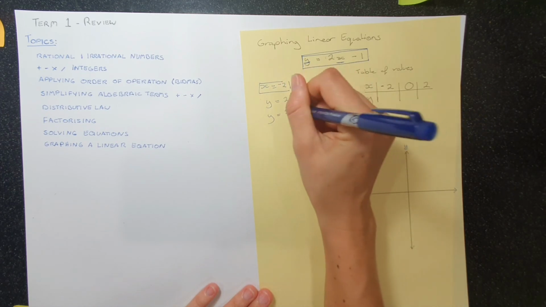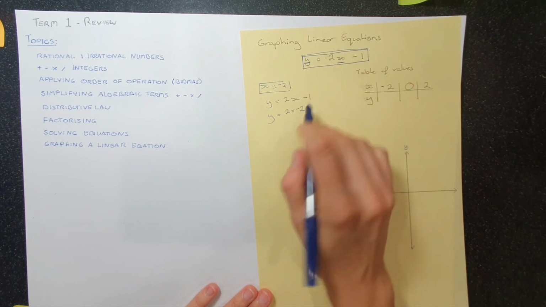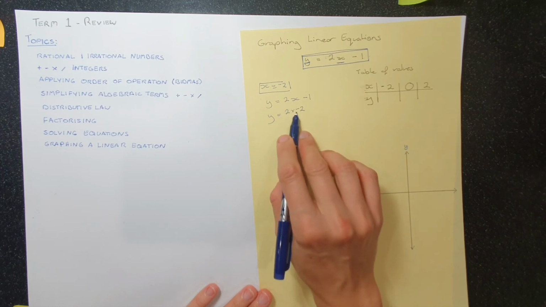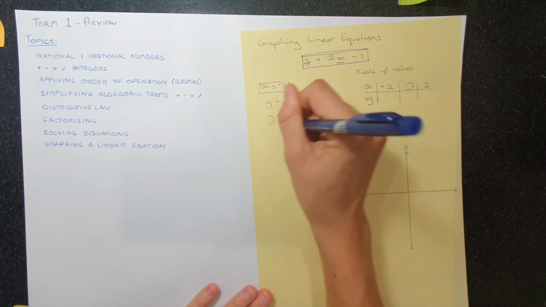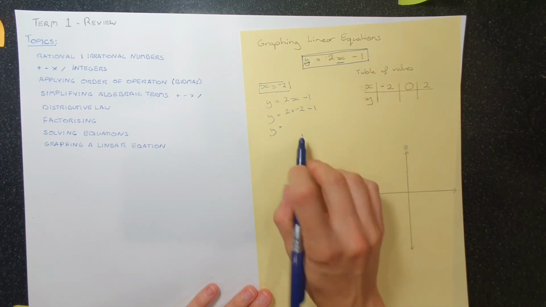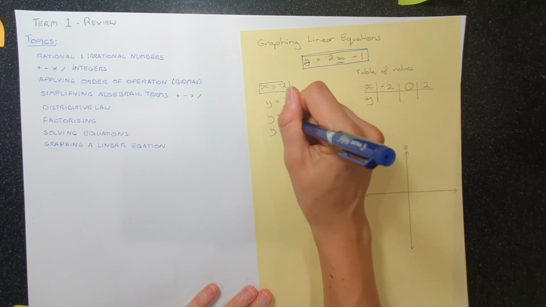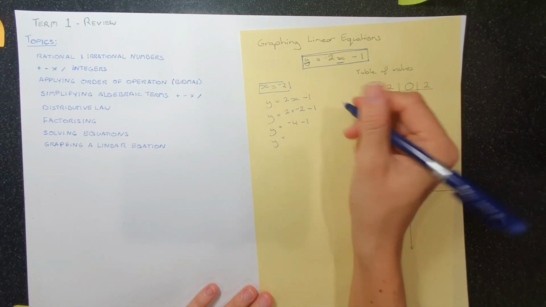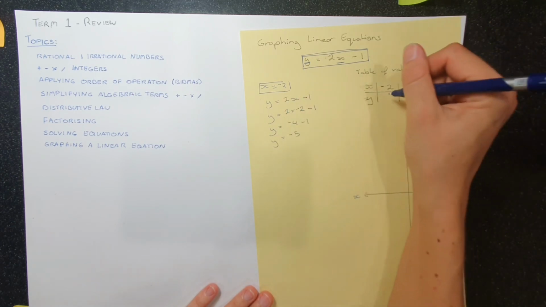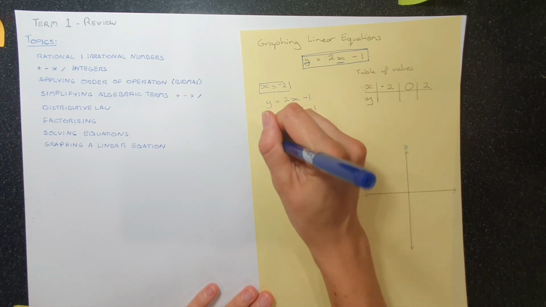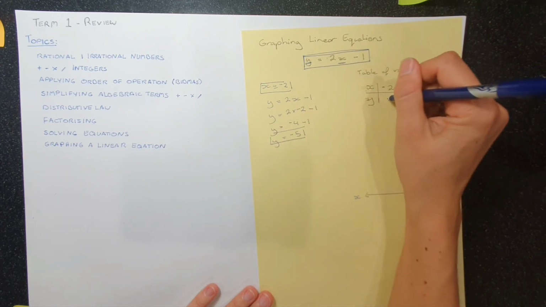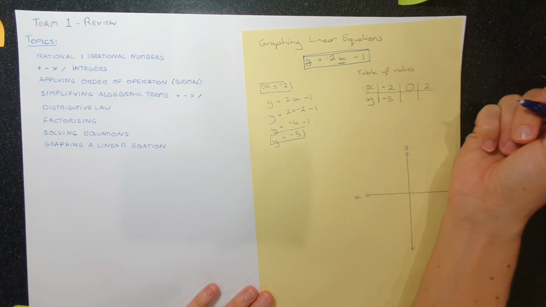So 2 times negative 2, and the reason I put a times in there is because between these two is an invisible times sign. 2 times negative 2, take away 1. 2 times negative 2 is negative 4. Take away 1. Y equals negative 5. So I'm going to grab this one here. This is my y coordinate for when x is negative 2, and I'm going to write down negative 5.